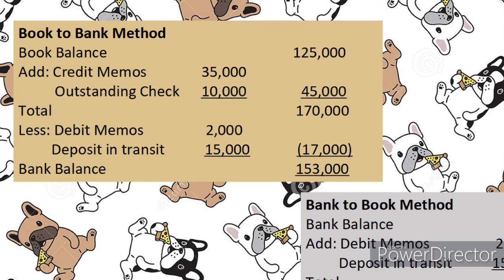So 35,000 plus 10,000 equals 45,000. 45,000 will be added to the book balance of 125,000 and the total is 170,000. Less debit memos amounting to 2,000 and deposit in transit amounting to 15,000. So the bank balance, or the total that we got, is 153,000.